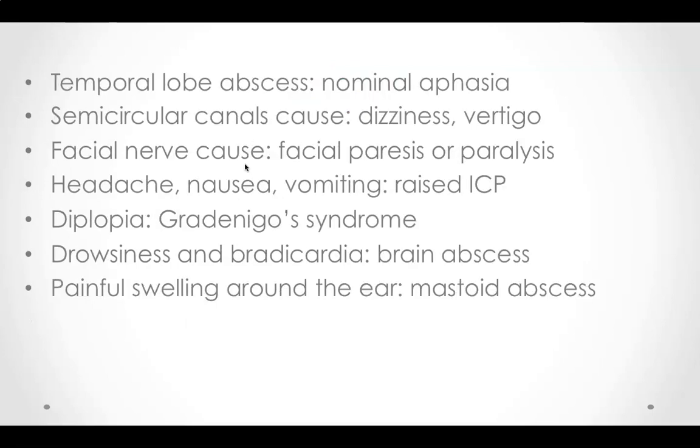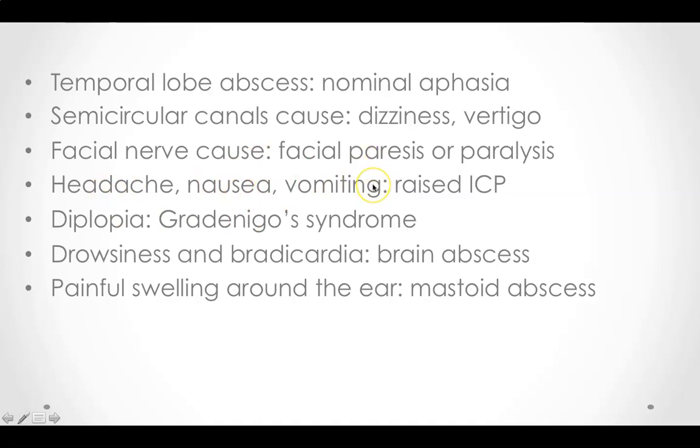Now, if it has gone into complication, suppose the patient has a temporal lobe abscess, then the patient will have nominal aphasia. If there is semicircular canal involvement, then the patient will have dizziness and vertigo. If there is facial nerve involvement, then the patient might have facial paresis or paralysis.